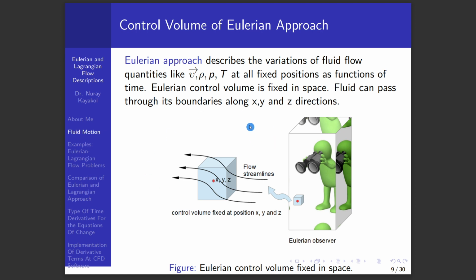Why do we do this? Because we want to express fluid flow variables like velocity, density, pressure, or temperature as a function of time. So we should allow flow to move through the control volume. This is how it is done in the Eulerian approach.